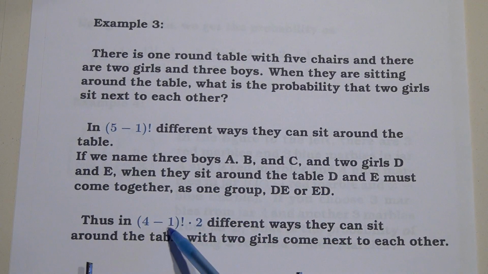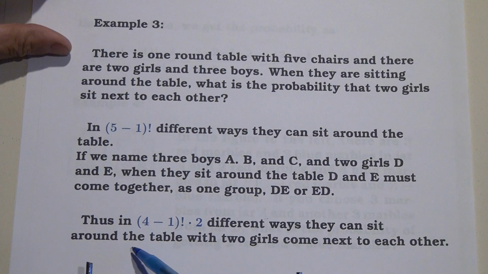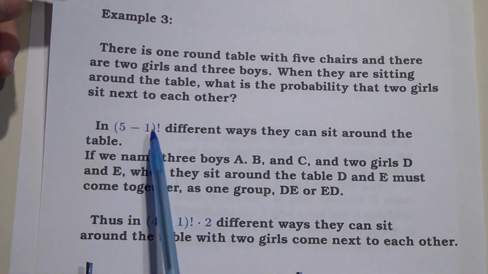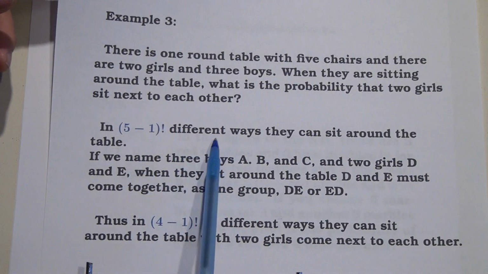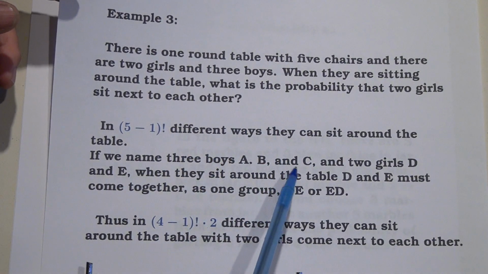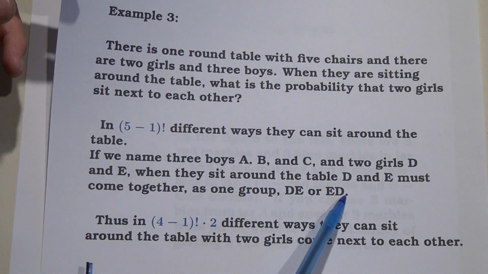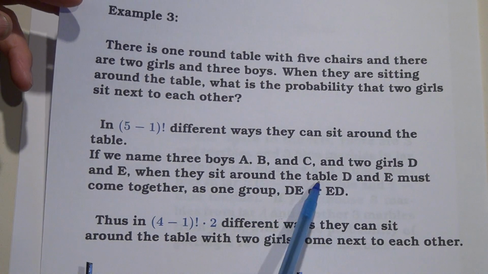Thus, it is 4 minus 1 factorial times 2 different ways with the 2 girls sitting together. So you just calculate. When all 5 of them sit around the table, and then 2 girls come together, DE or ED. The order doesn't matter.